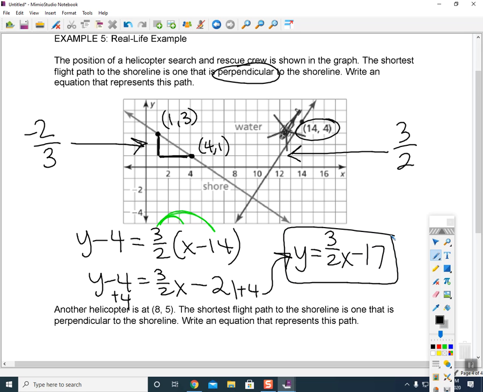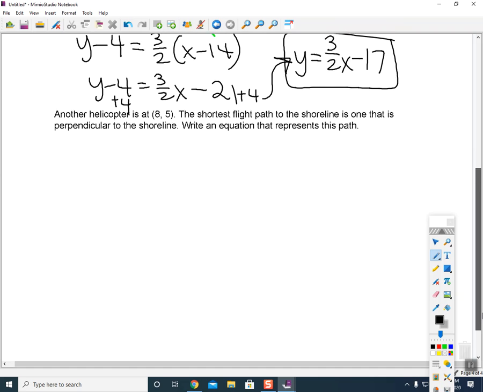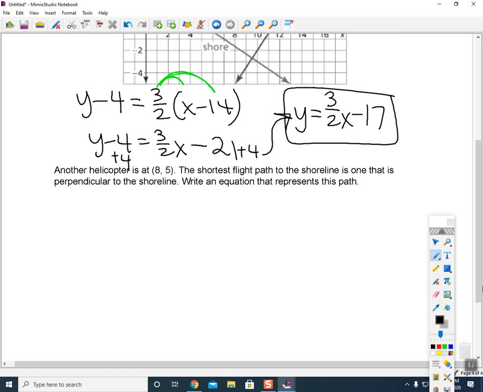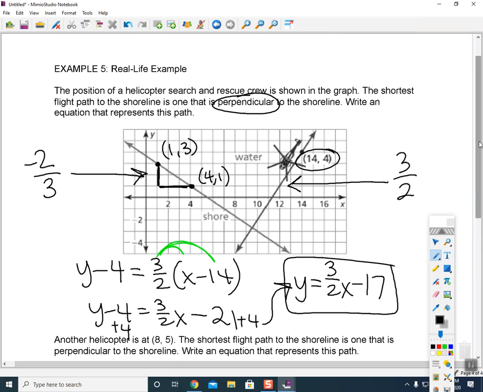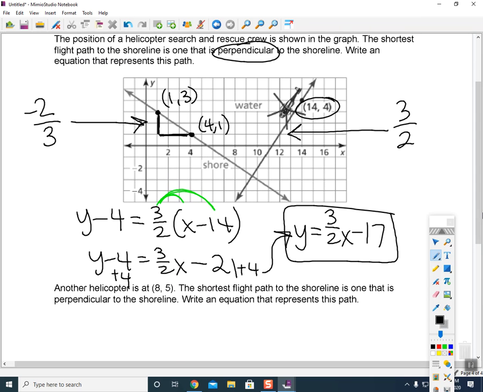Okay, the last part on this one is another helicopter is at the point 8, 5. The shortest flight is still one that is perpendicular to the shoreline. So write an equation that represents this path. So we're still using the same graph, but now instead of having my point be at 14, 4, this helicopter is at 8, 1, 2, 3, 4, 5, right here.